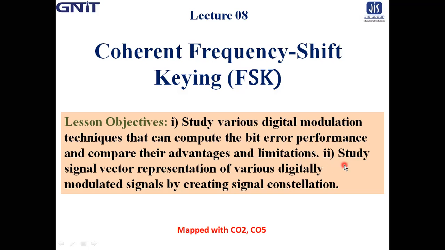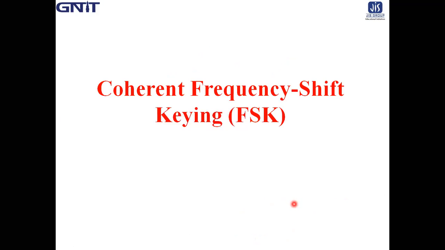The second lesson objective is to study signal vector representation of various digitally modulated signals by creating signal constellation. This topic is mapped with CO number 2 and CO number 5. So let us start lecture number 8 with the topic of coherent frequency shift keying.